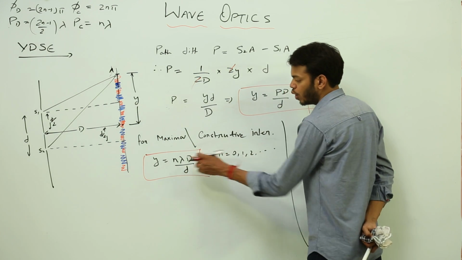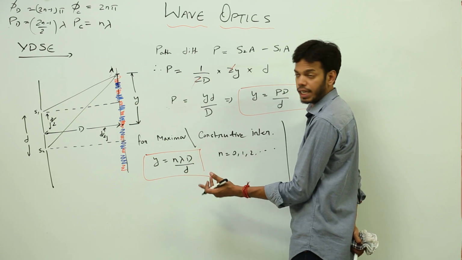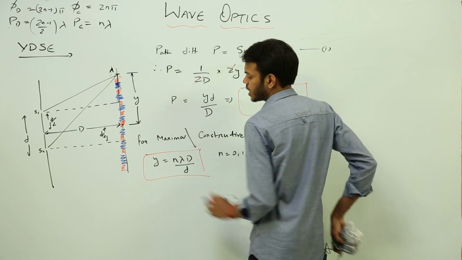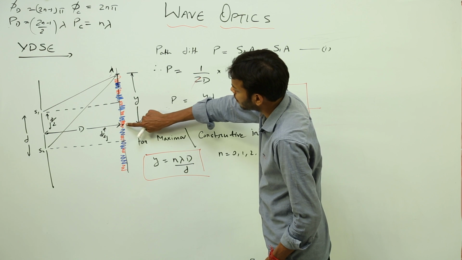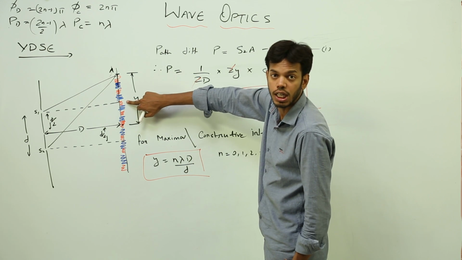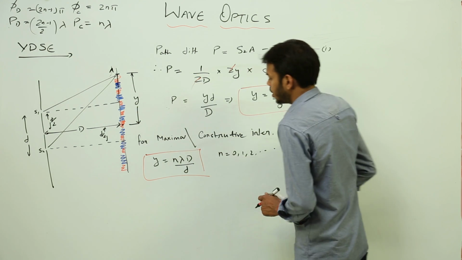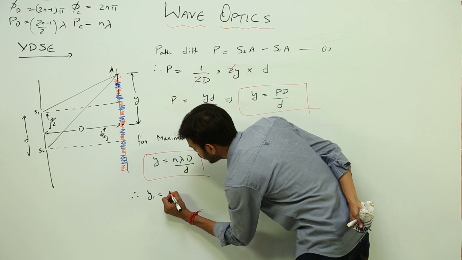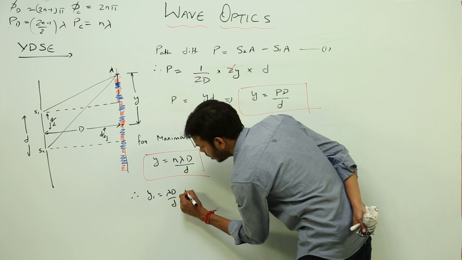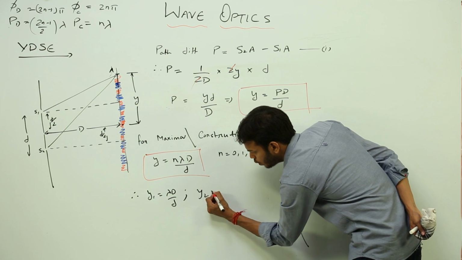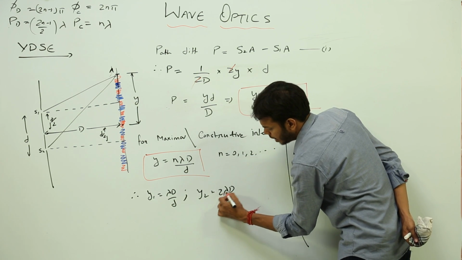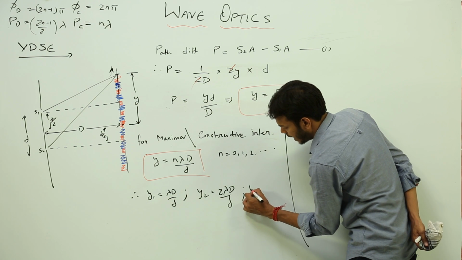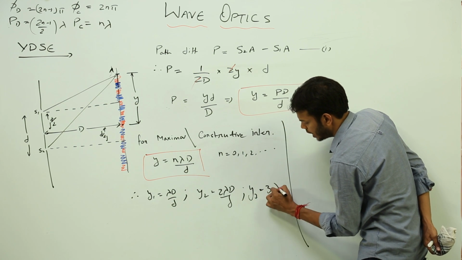When n equal to 1, that is 1 lambda D by d, I will get this much distance. When I put n equal to 2, I will get the second bright fringe. N equal to 3, third bright fringe. So this is how we can obtain different values. y1 is equal to lambda D by d, y2 is equal to 2 lambda D by d, y3 and so on, 3 lambda D by d.